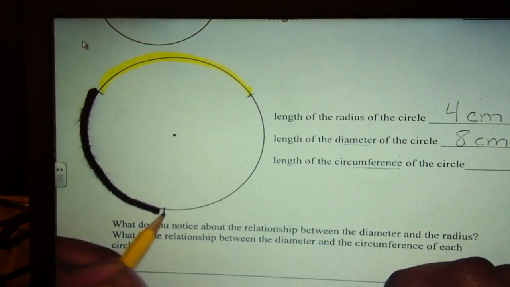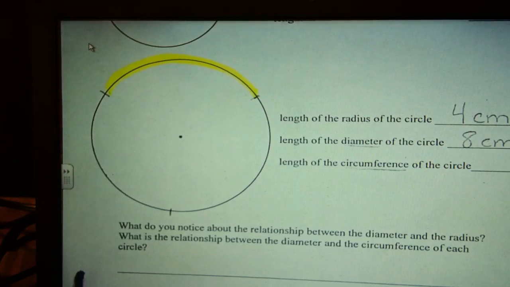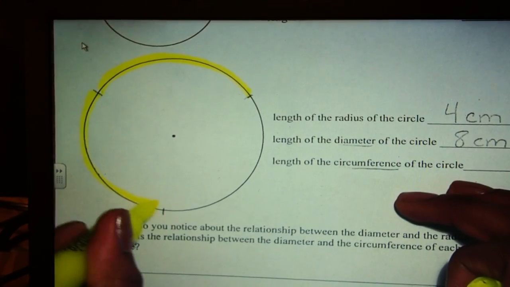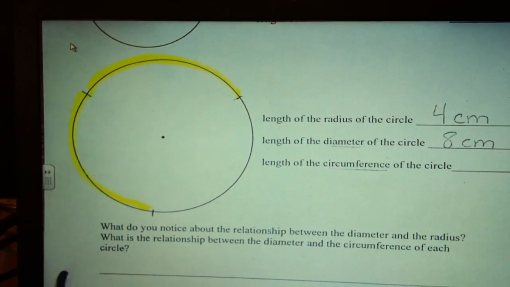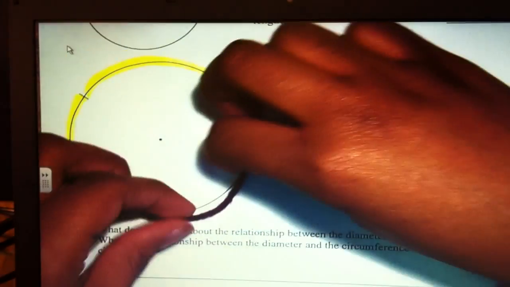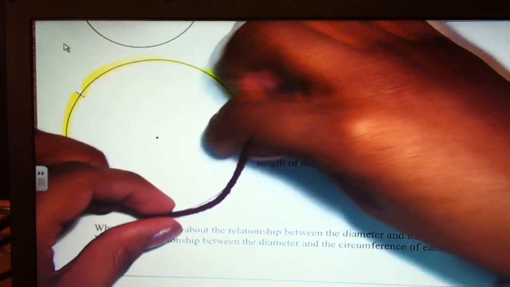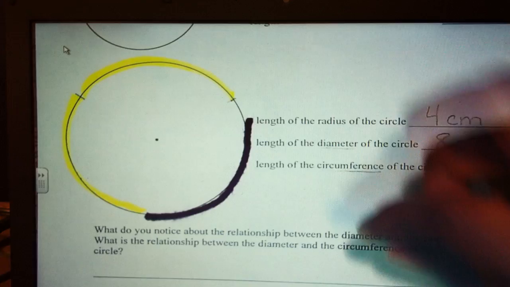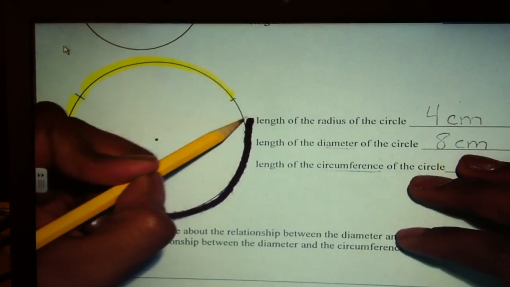That was 2 diameters. We did it one last time. Took our piece of string and placed it on our circumference. And that measured out to be 3 diameters.